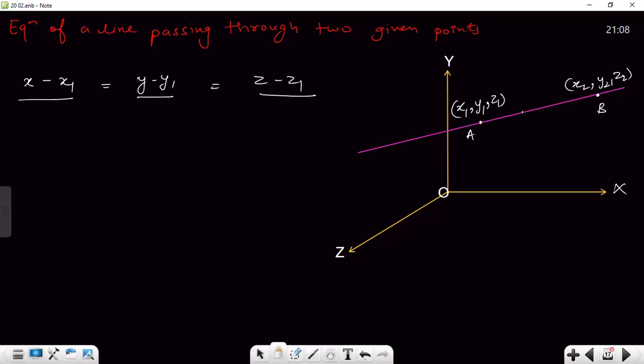Direction ratios of AB will be x2 minus x1, y2 minus y1, z2 minus z1. That gives us the direction of the line. That's all we want. So x minus x1 over x2 minus x1, equal to y minus y1 over y2 minus y1, equal to z minus z1 over z2 minus z1, equal to some scalar. That is the equation of a line passing through two given points.